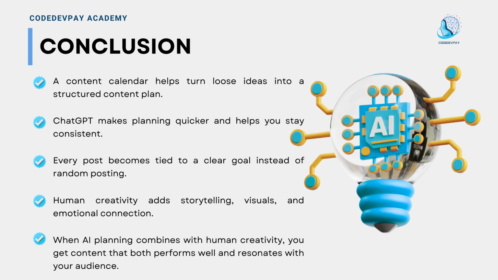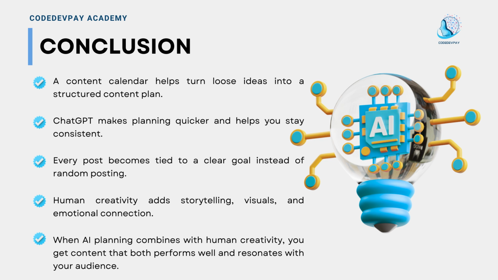So to conclude, a content calendar can help to transform scattered ideas into a strategic content system. With AI, ChatGPT these days, content creators, social media managers, and so on can plan faster, stay consistent, and ensure every post supports a particular goal.